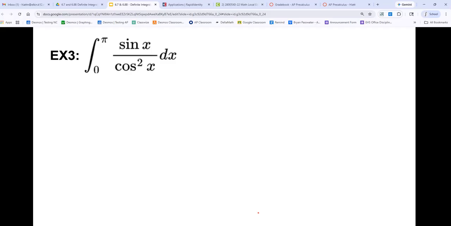This must be able to be rewritten as one of those integrals that I can find. Particularly, here's what we can do. Integral from 0 to pi of, I'm going to write this as sine x over cosine x times 1 over cosine x dx.